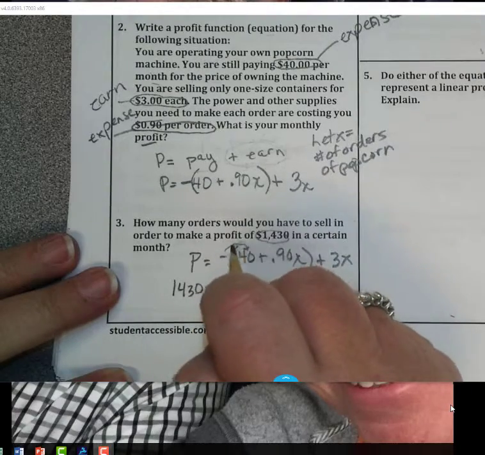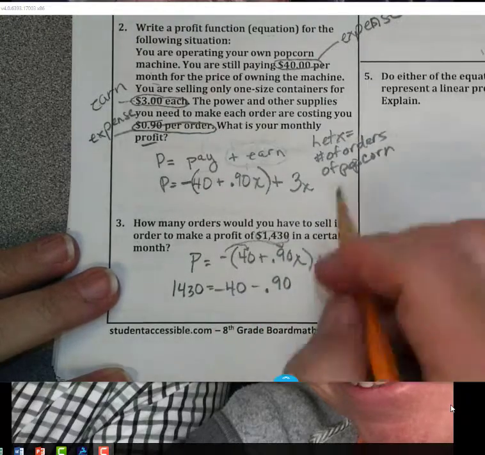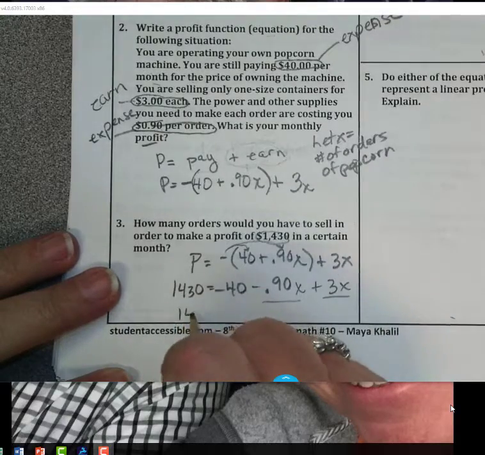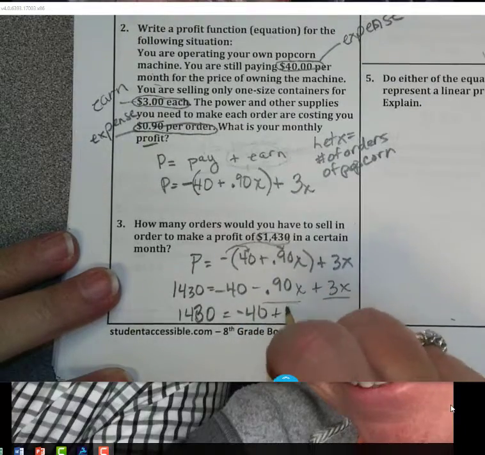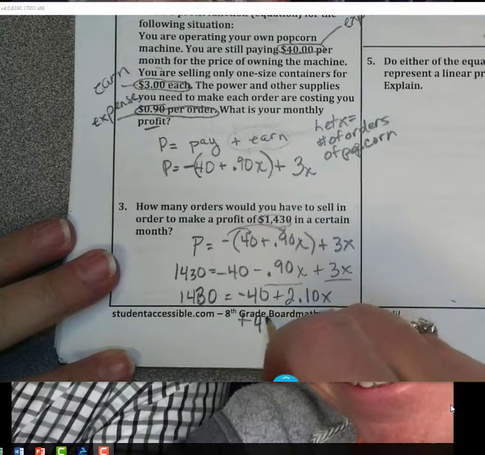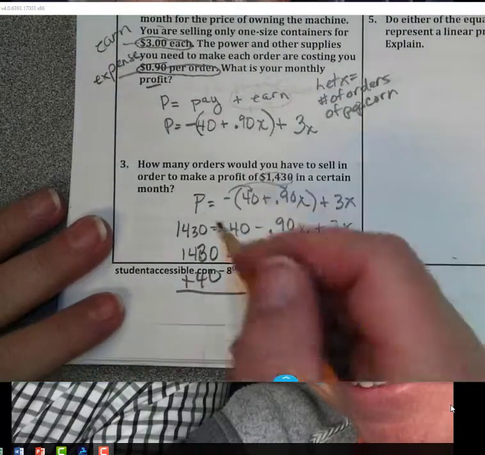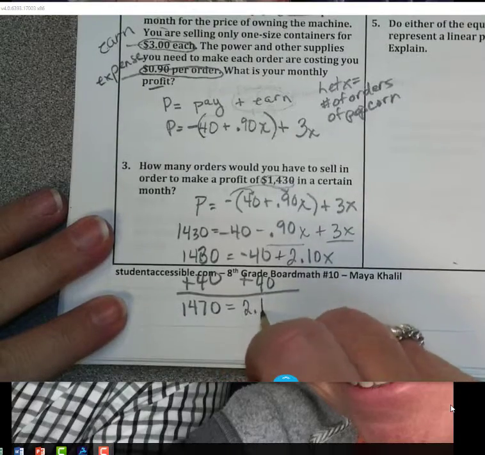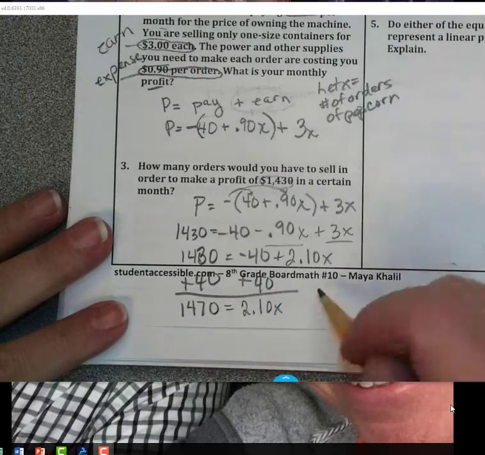I'm going to go ahead and distribute this negative sign, and then combine like terms. We'll add the 40 to both sides. Okay, and then I'm going to divide both sides by the 2.10.